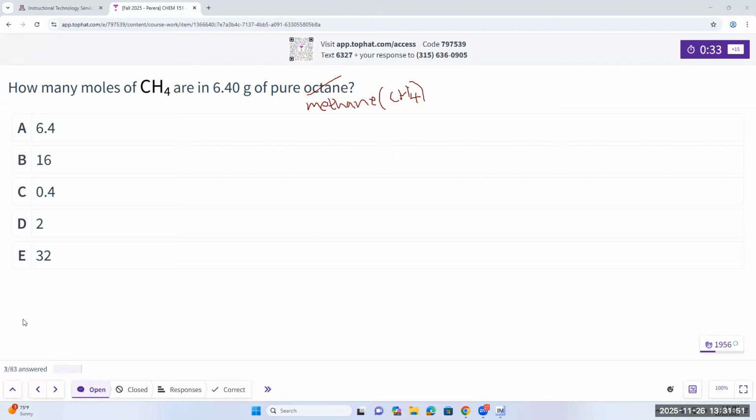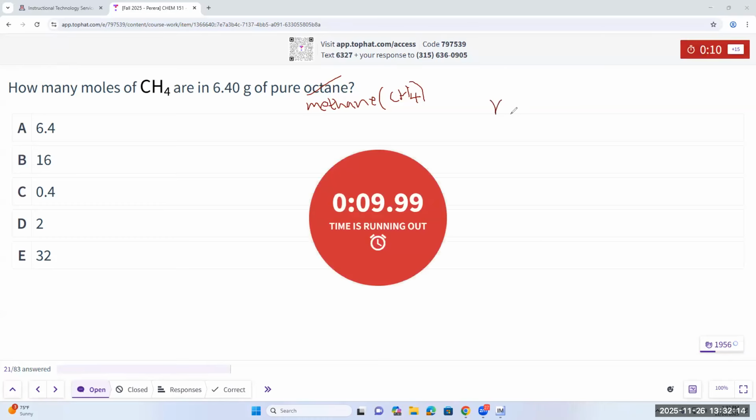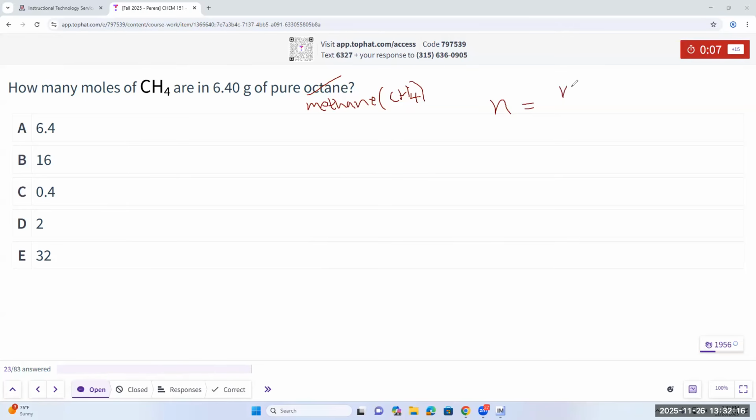Now, don't overthink this. This is just asking you to determine the number of moles in a certain amount of grams. We have done this multiple times in unit 1, module 3. Grams to moles. Okay. And the equation, if you can remember, is number of moles is equal to mass divided by the molar mass.